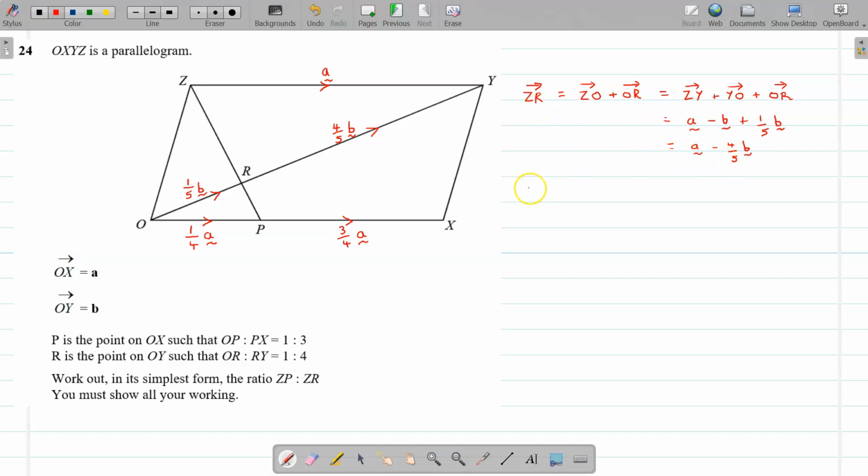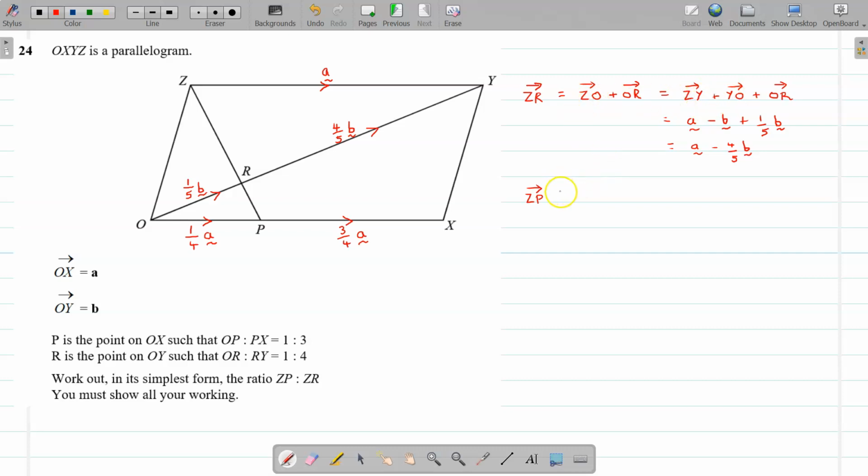Now, I'm going to find an expression for ZP, which is the whole line from there to there. So ZP, I can express that as ZO, which I've already done earlier, which is these two here.